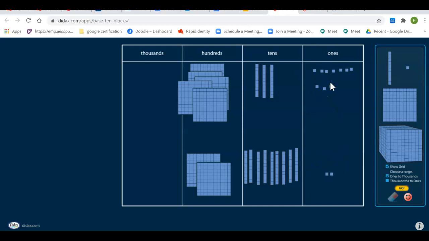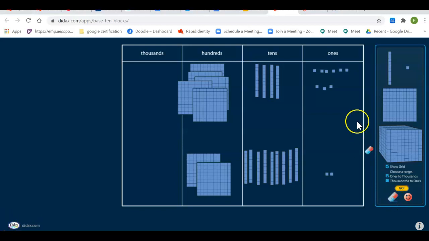So if we take this group of 10, this can be regrouped. It has to be regrouped into 1 ten. So we're going to take 1 ten, we'll move it over here, and we're going to remove the actual ones. I don't want to take every last one of them off.